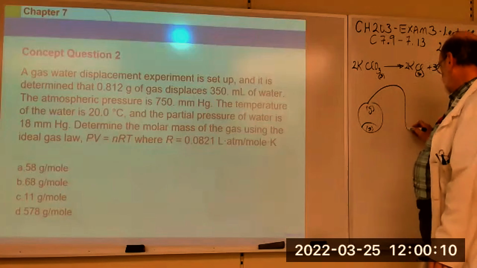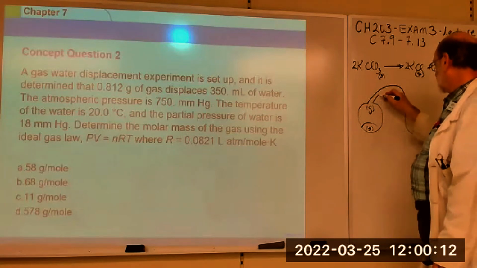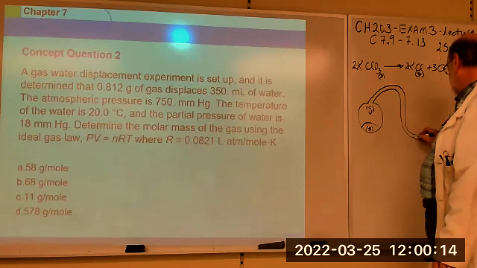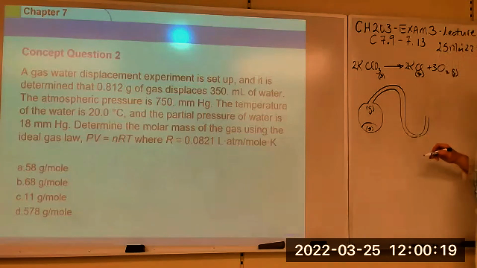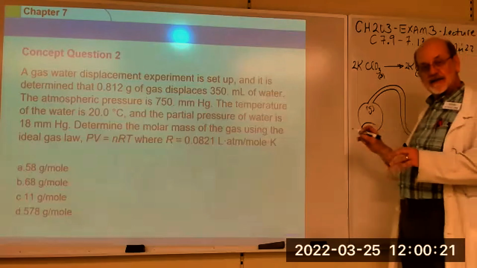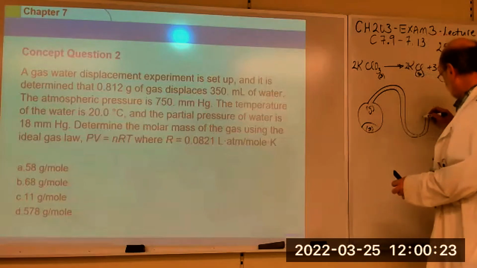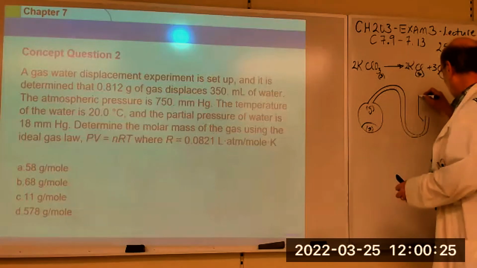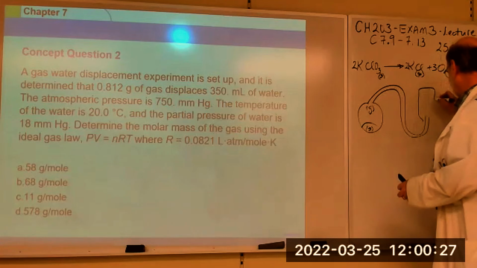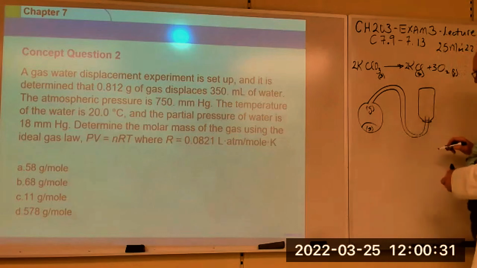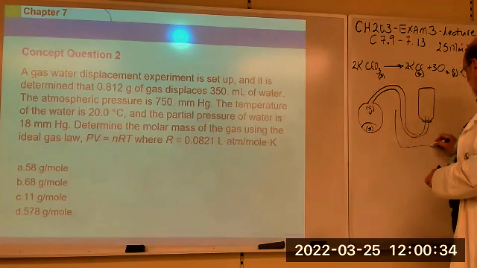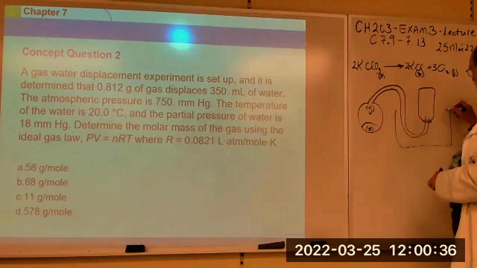Well, the easiest way is to take the tube and put it inside a bottle that's filled with water, like that. Well, also, it's in a vat of water, like this.